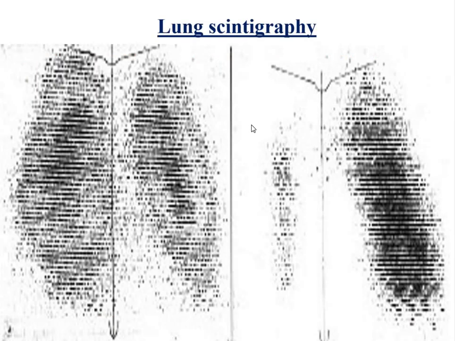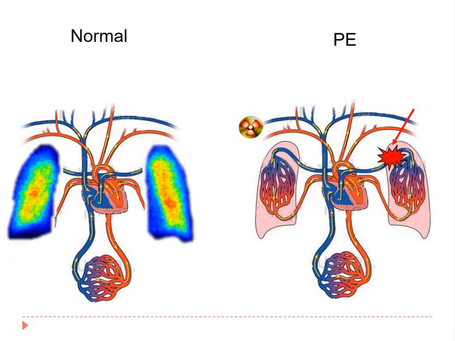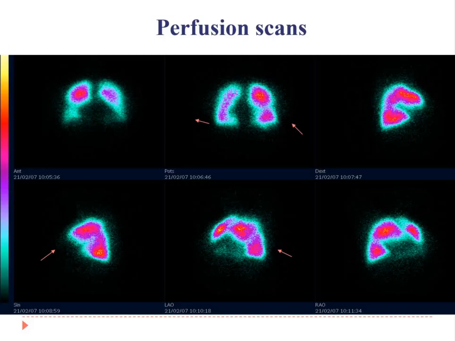On this slide, you can find a perfusion defect. Normal situation and pulmonary embolism. Also perfusion scans.